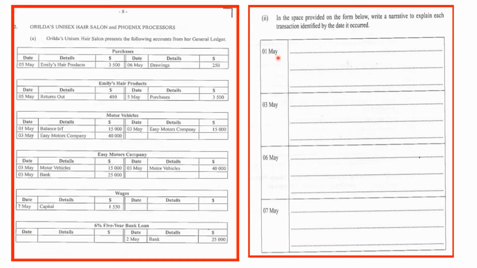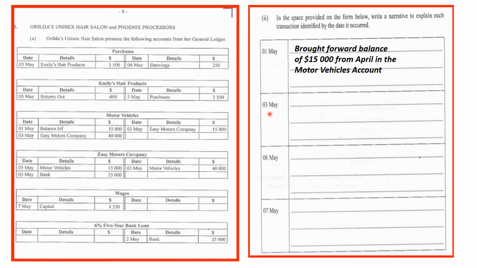On the 1st of May, over here, we have the balance brought forward of 15,000 in the motor vehicles account. So we identify that as a balance brought forward of 15,000 from April in the motor vehicles account.